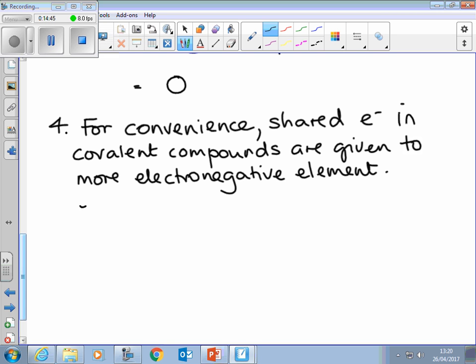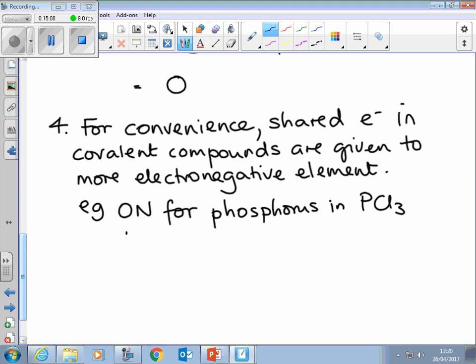All right, so it's not the ideal one perhaps, but so oxidation number for phosphorus in PCl3 is +3. Right, so the chlorine is -1, because the chlorine's more electronegative, the phosphorus is less electronegative.